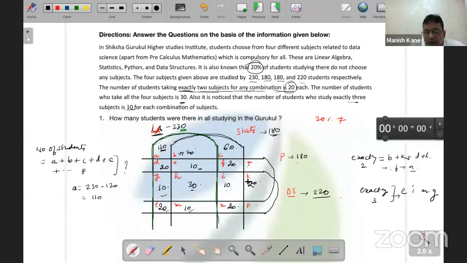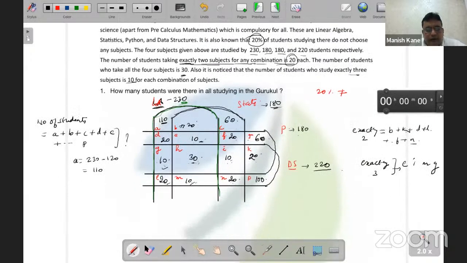Adding up gives 120, so 180 minus 120 is again 60. And the number of students who take only data structures is 220 minus these numbers. Adding 30, 20, 50, 80, 90, 100, 120, so 220 minus 120 is 100.